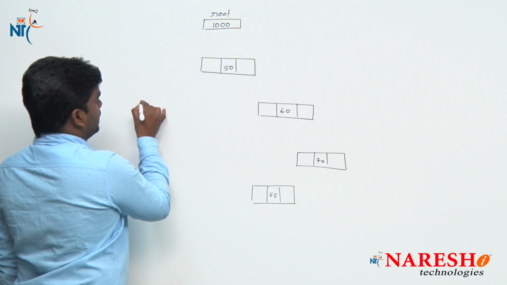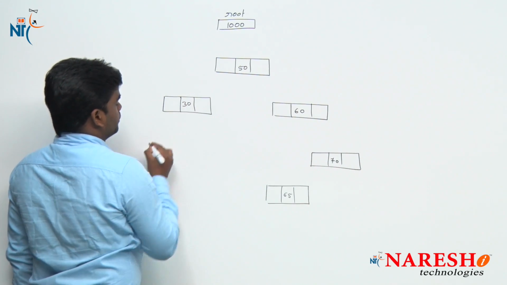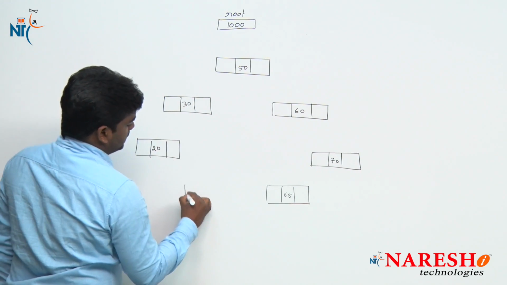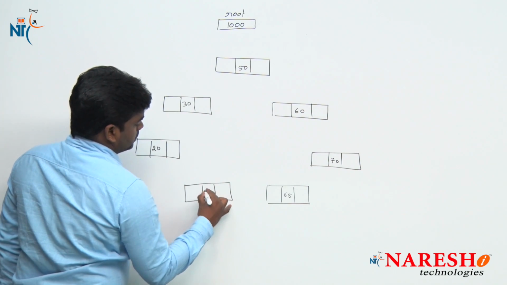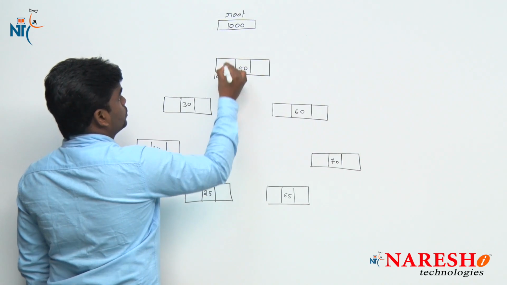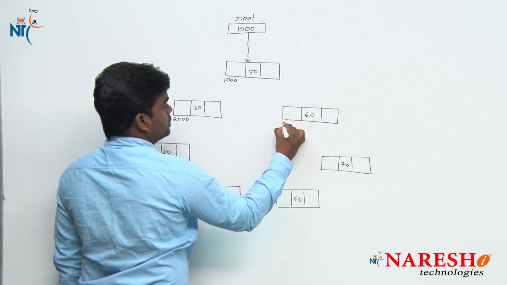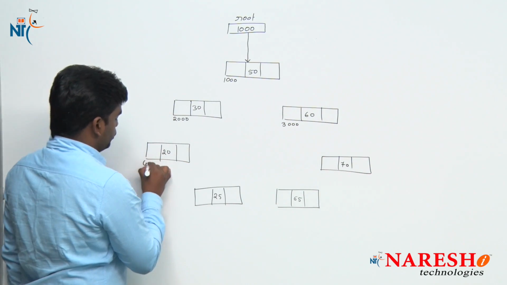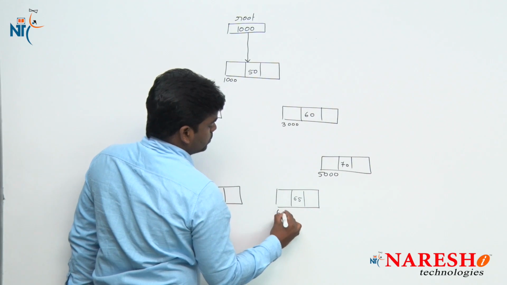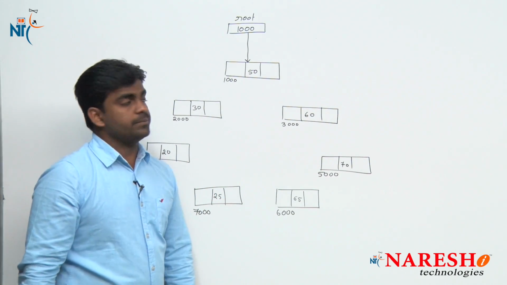And here also we are writing some nodes like 30, and next 20, and some node 25. Base addresses I am also writing: 1000, so that it is pointing to this node, 2000, 3000, 4000, 5000, 6000, 7000. Random addresses, we know that.